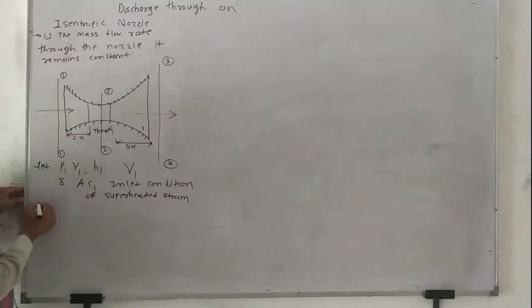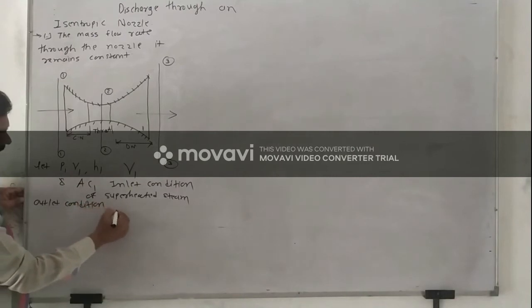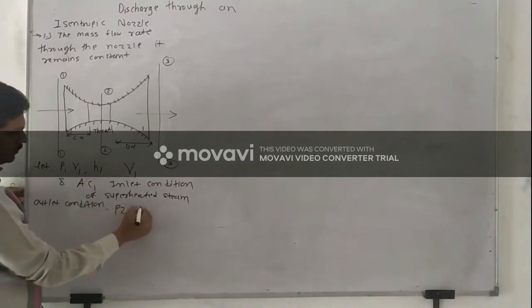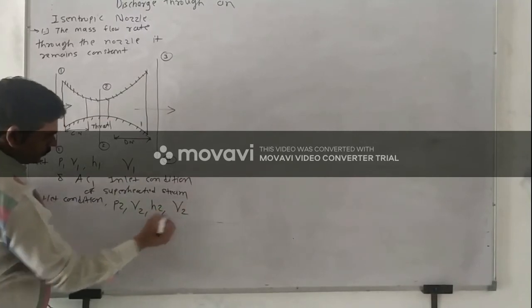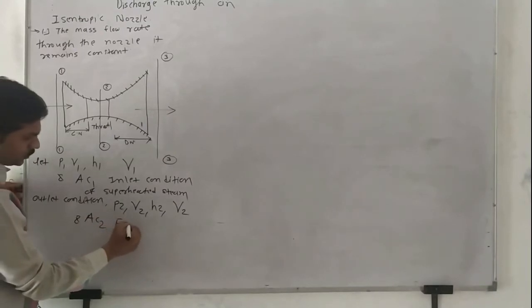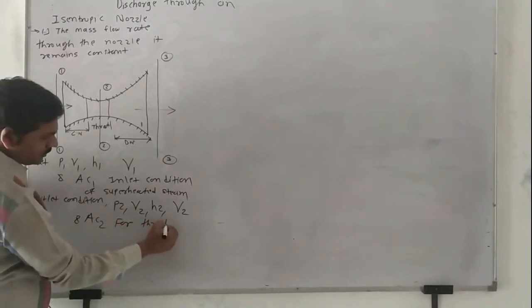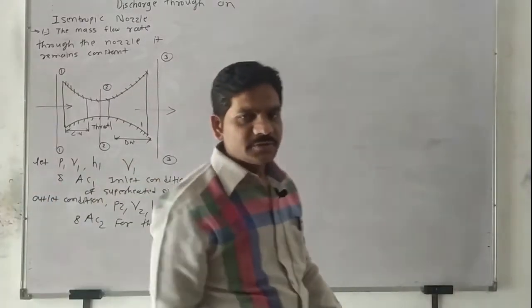Then the outlet conditions are the same: P2, V2, H2, velocity V2 and cross-sectional area AC2 for the throat section.